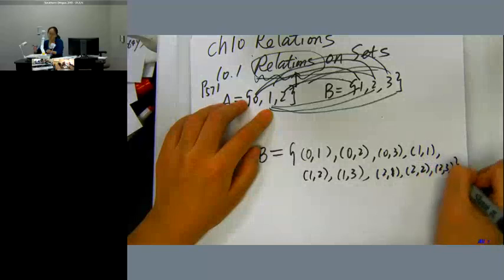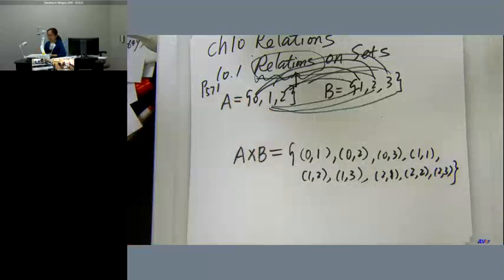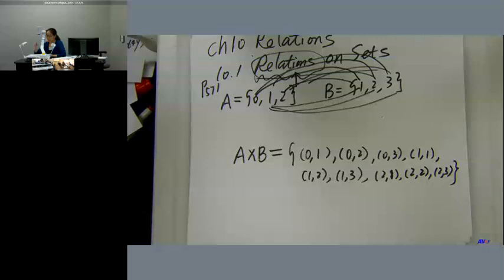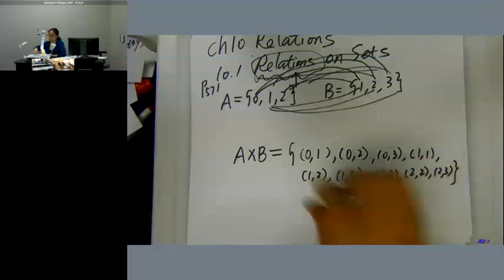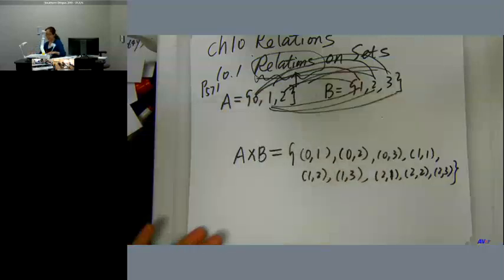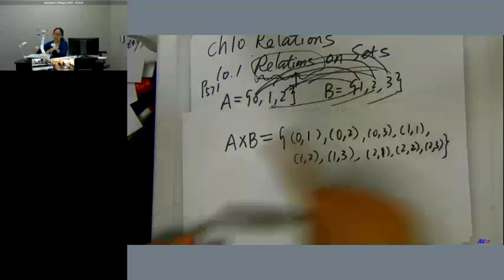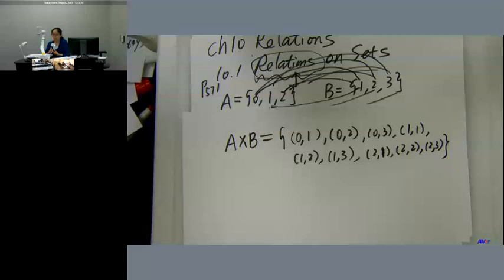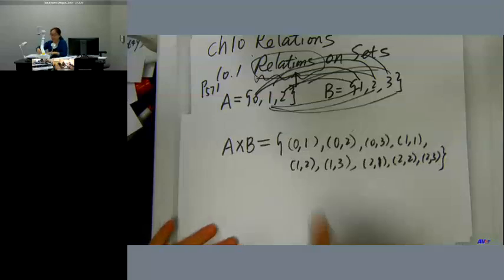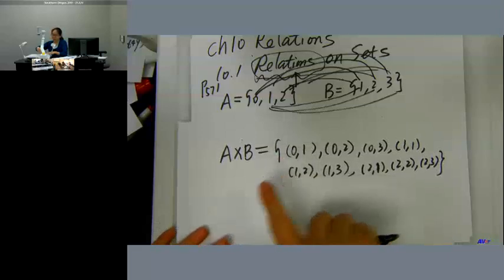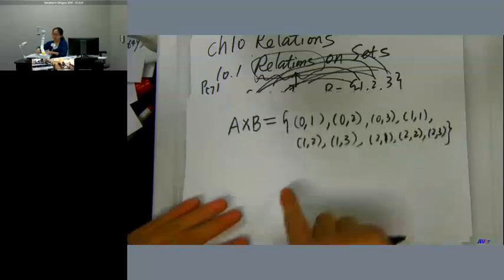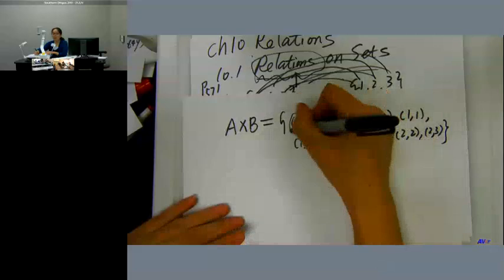That's called the Cartesian product. It's like points. We got 3 times 3, 9 points. That's all the possible related pairs you could get. In this chapter, we're not going to consider it as a point anymore.